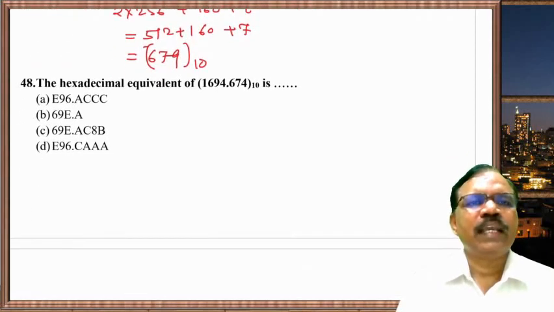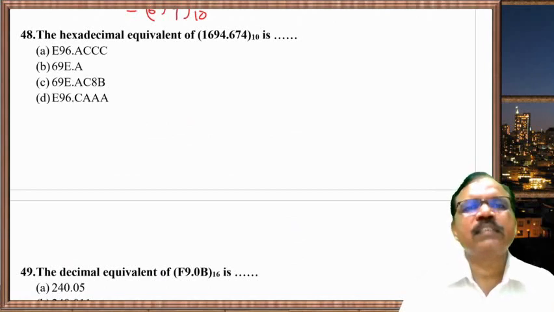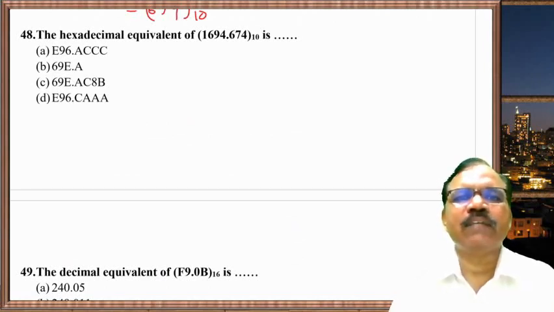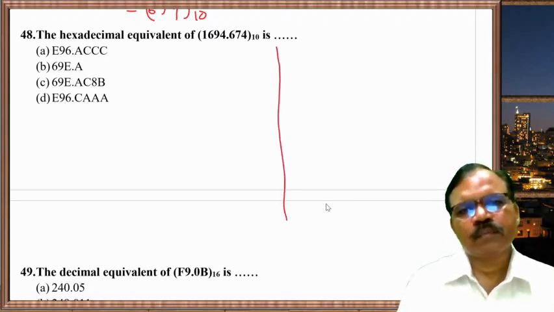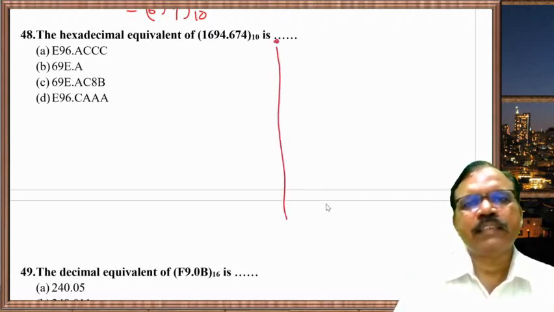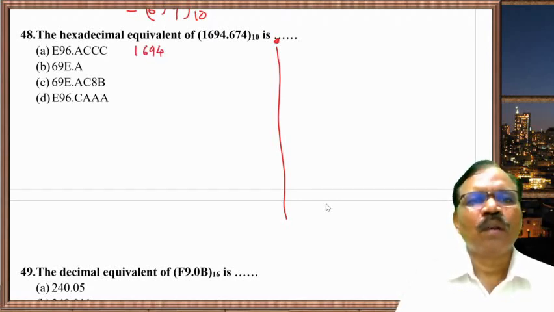Now next one, the hexadecimal equivalent of 1694.674. So we can take here two parts. So decimal point is separator. So we'll take first this one, 1694. Now like binary, we have to divide it by 16.